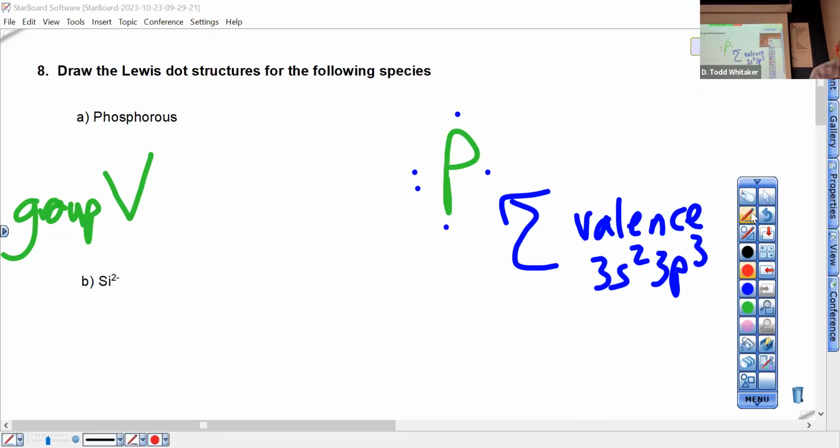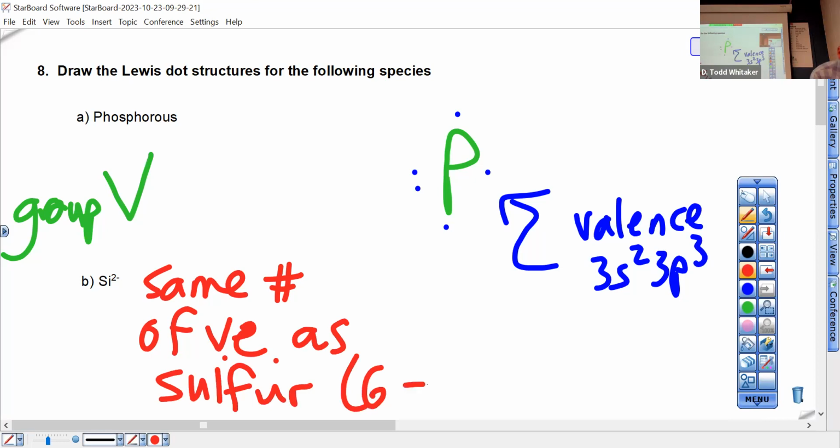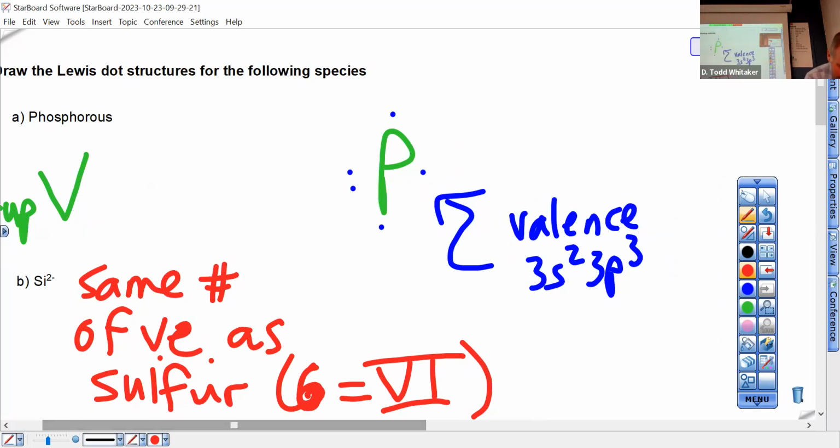Same number of valence electrons as sulfur. 6 equals VI, correct? That's a 6. And you're going to write, don't write sulfur, please. You write SI. Just because it has the same number of electrons doesn't mean it's that atom, okay?